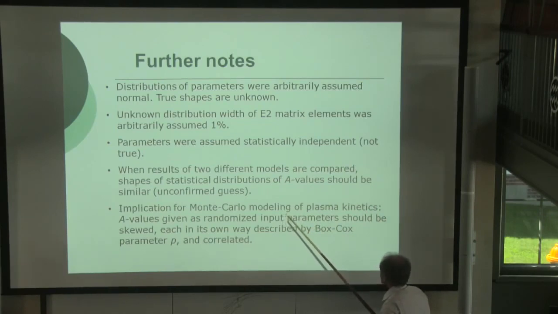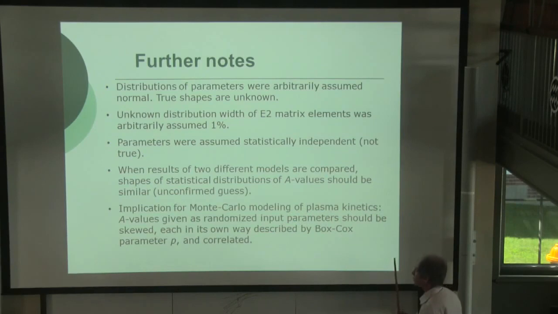I have an unconfirmed guess that these optimal transformations that I found may be reusable for other people who do it with other codes, because the matrices used to diagonalize in all atomic calculations are very similar.